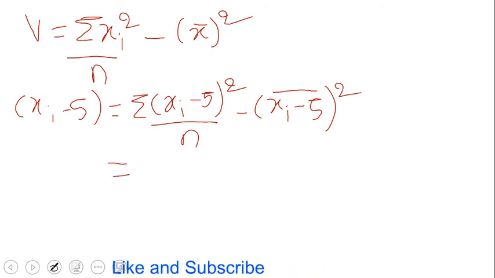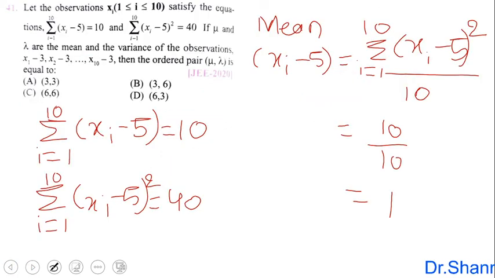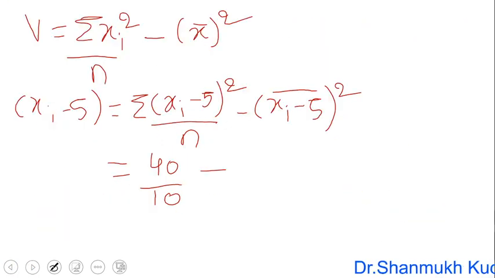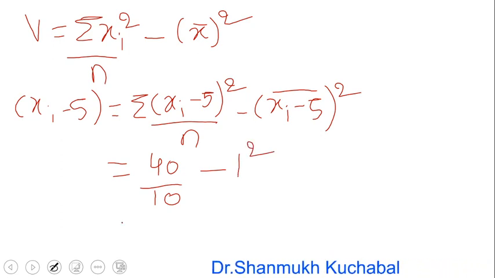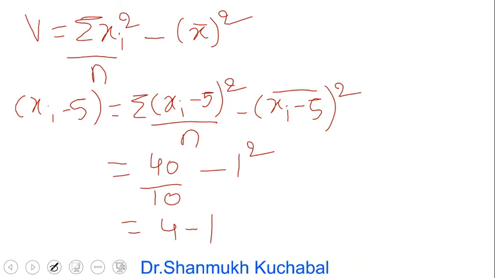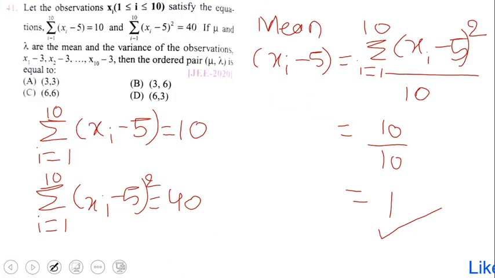Then we will observe that the sum of squares of the data is 40. So 40 divided by the total number of observations, n, which is 10, and the mean we have calculated is 1, so we take 1 square. So we will simplify it. We get 4 minus 1, so we are going to get 3 here. So the variance is 3.